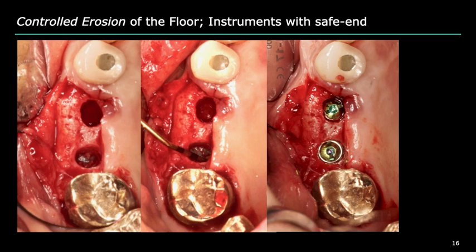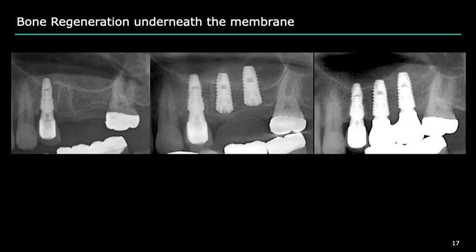And here the two dental implants were placed like this. This is the pre-op and post-op panoramic radiograph. And on your right hand side, there is an X-ray 2 years after the placement.